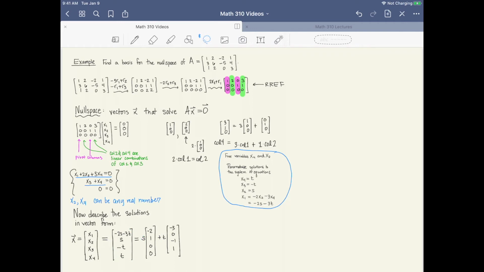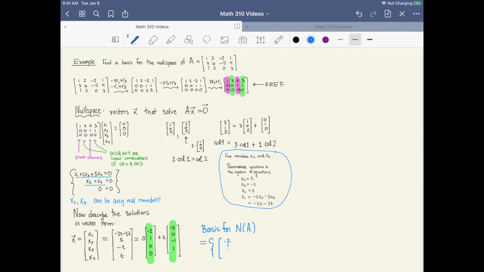And now these two vectors that show up here, minus 2, 1, 0, 0, and minus 3, 0, minus 1, 1, these two vectors form the basis for the null space. So my basis for the null space of the matrix A that I started out with. It has two vectors in it, and it's these two.